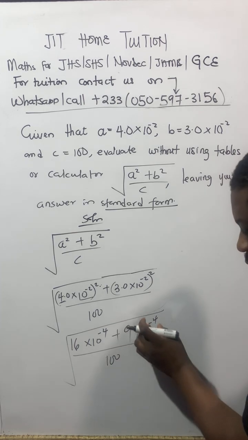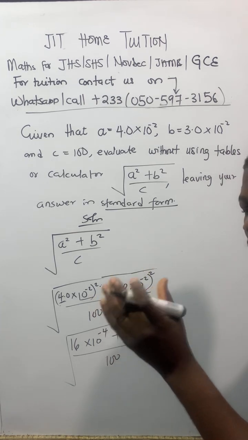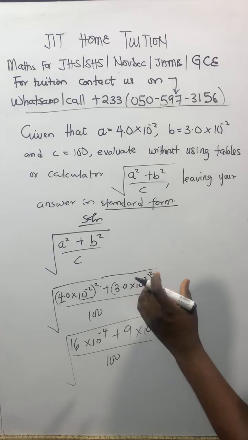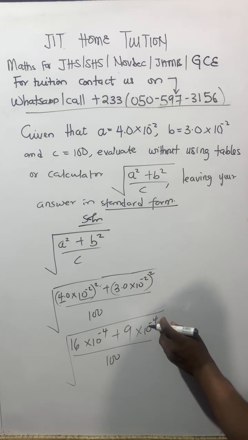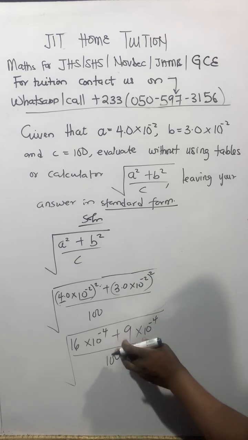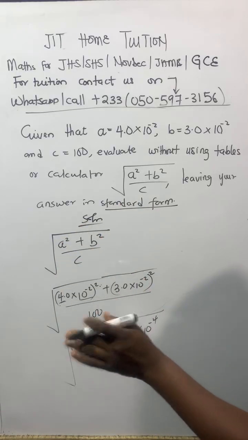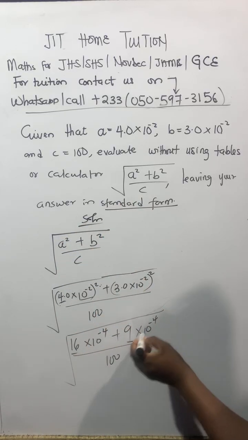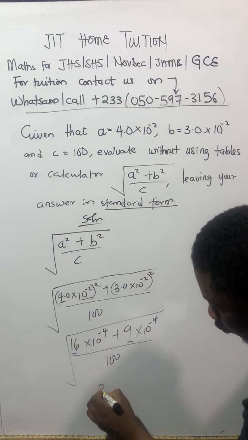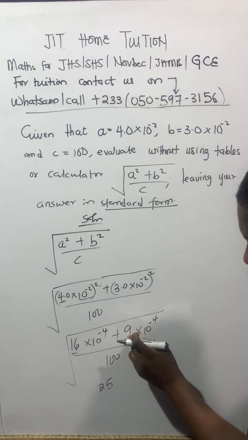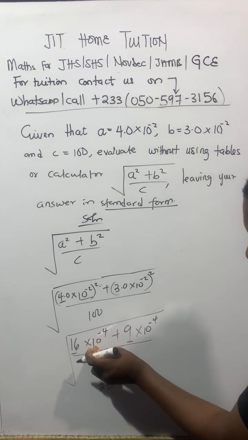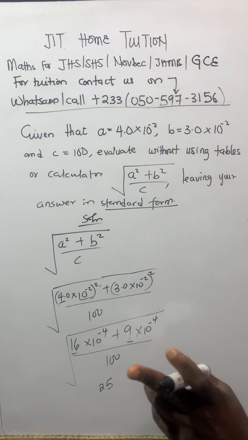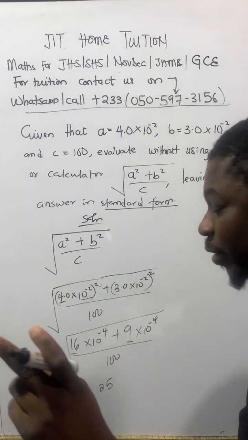So here, because they are adding, usually you can add or subtract when they have the same exponent and the powers are the same. I'm talking about in terms of standard form. So you can add this and that will give you 25, because you are adding. When you add, usually what you do is write one of them.